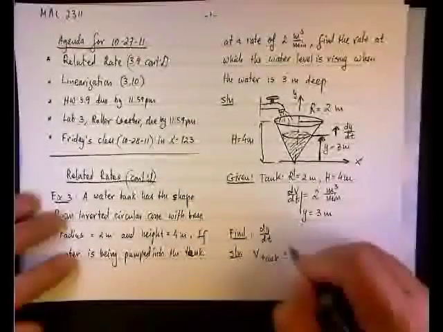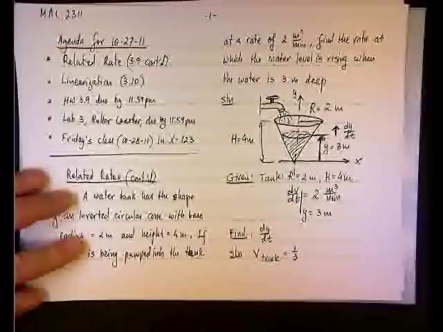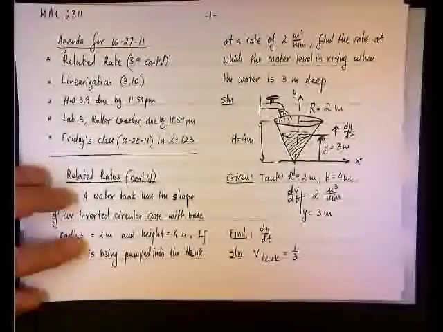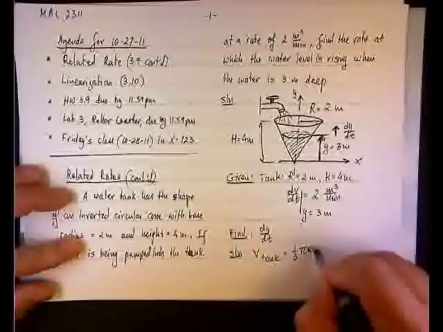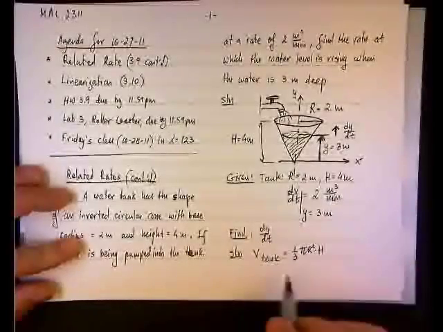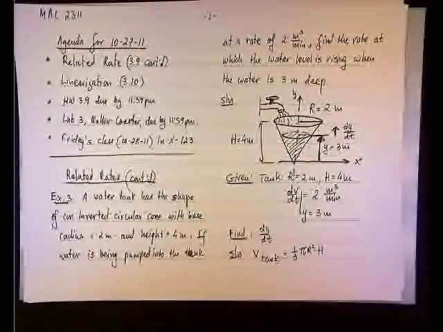So the volume will be 1/3 of the volume of an imaginary circular cylinder. And the circular cylinder's volume is the area, pi r squared, times the height. So it's 1/3 pi r squared times the height.